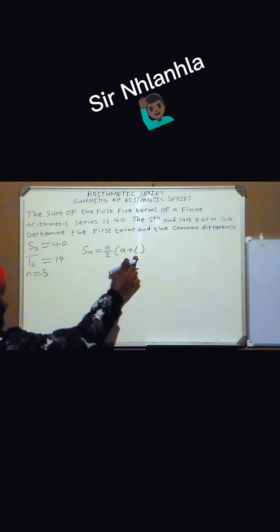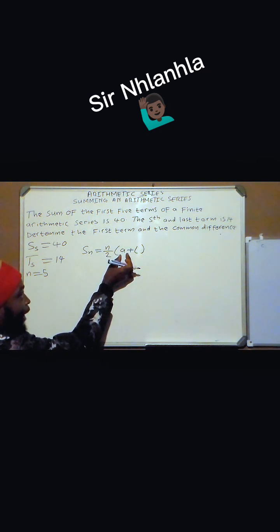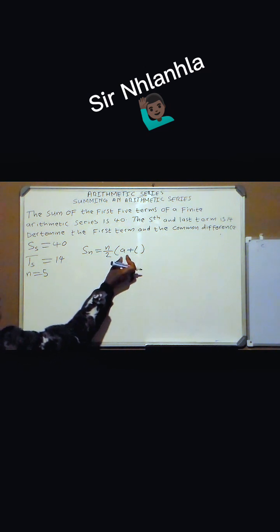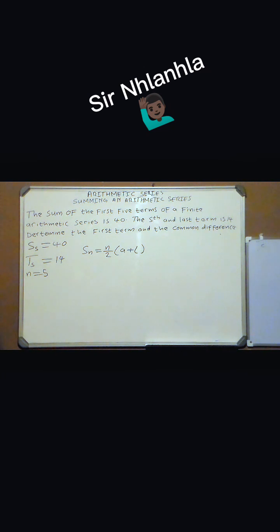So we have the last term, we have the n value, we have the Sn value. So therefore we can solve for a. And remember, when we find our a value, we have already found the first term of the arithmetic series. So substituting here, S sub 5 equals 5 over 2 multiplied by a plus the last term, which is 14.